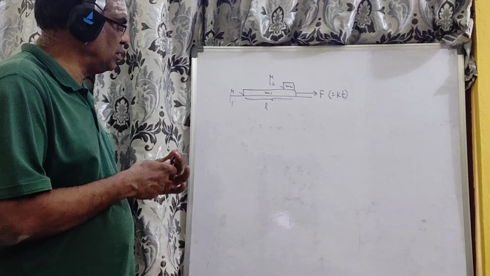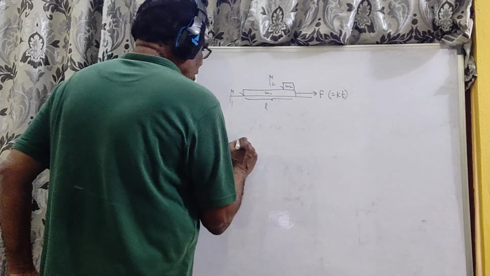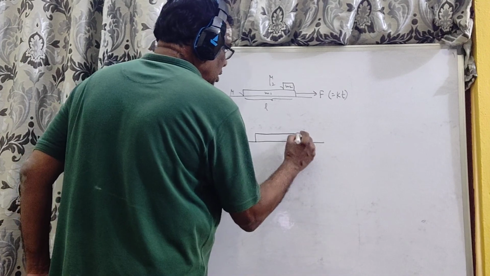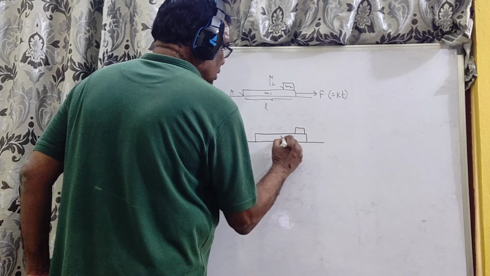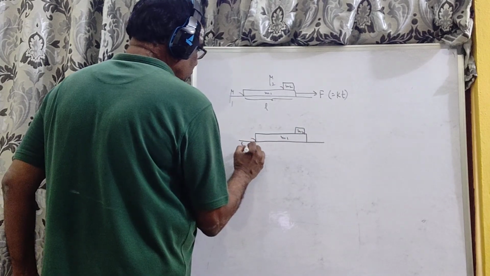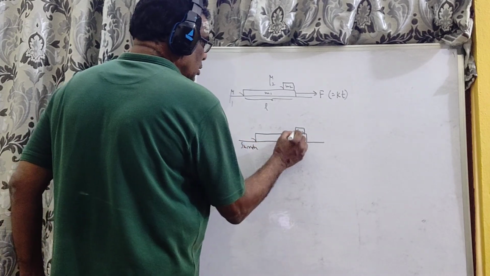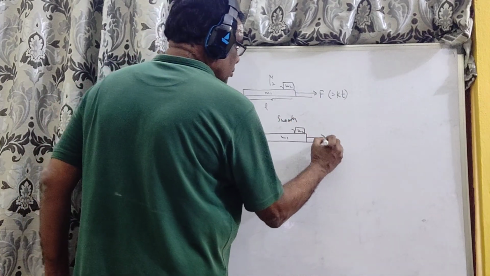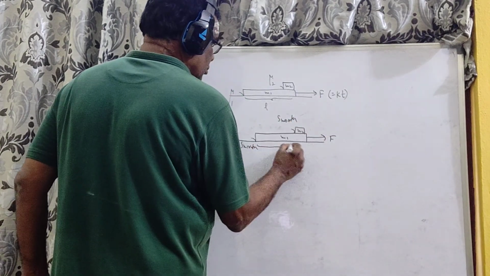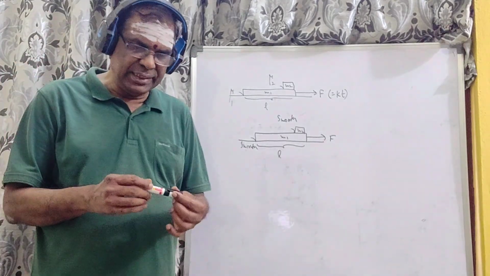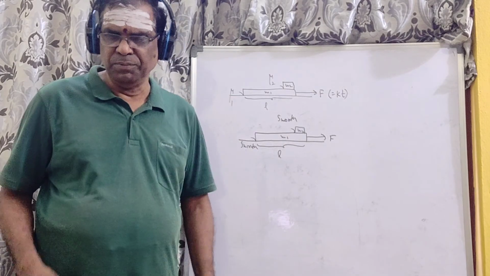For example, I will tell you, maybe this will be a better proposition. I am giving you M1, M2, smooth, F, L. What's going to happen? Let us just visualize that.